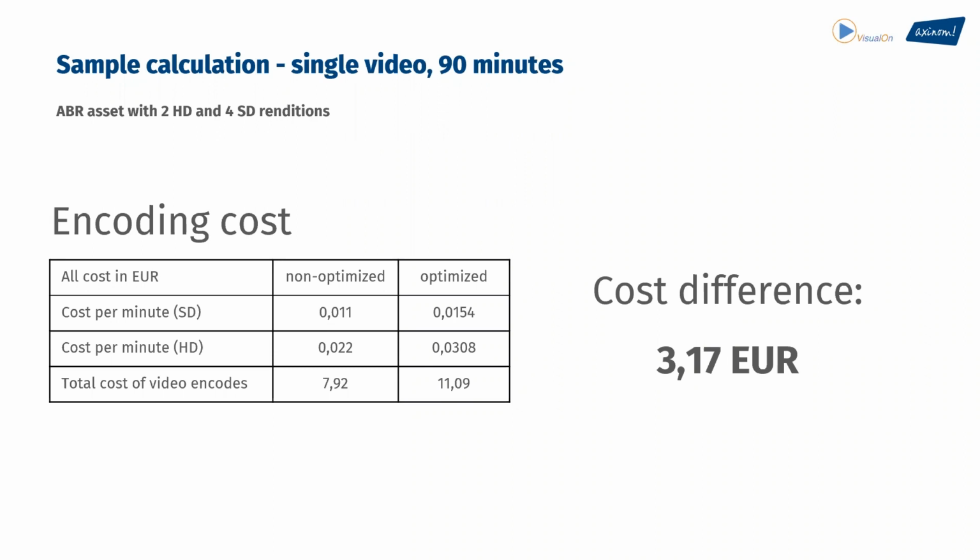If you look at the cost per minute for SD resolution and cost per minute for HD resolution, you see there is quite a difference. And if you do the math, then you end up at the last line, which shows the total cost for the video encodes. In the one case, non-optimized, you pay just a little bit shy of €8, and in the optimized version, a little bit more than 11. And the difference is €3.17.